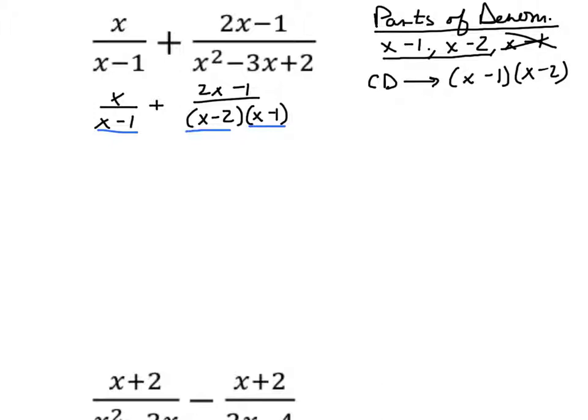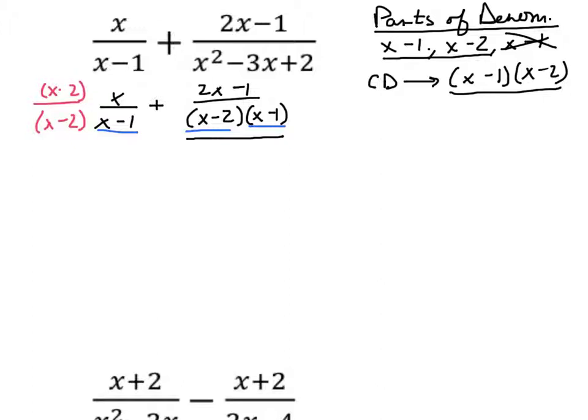Okay? So, if you look at this as your common denominator, and you look at the right fraction, you don't need to change anything in the right fraction. It's the left fraction that you need to multiply something with. And if you look, it's missing an x minus 2 on the bottom. So if I do it on the bottom, I have to do it on the top.